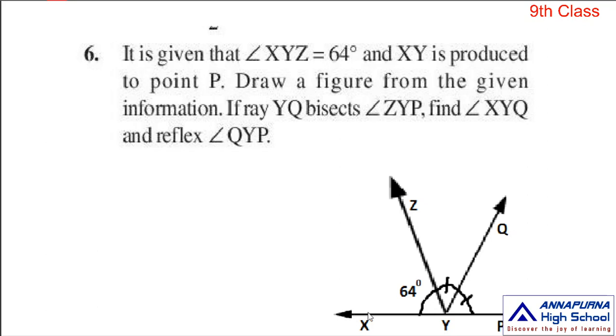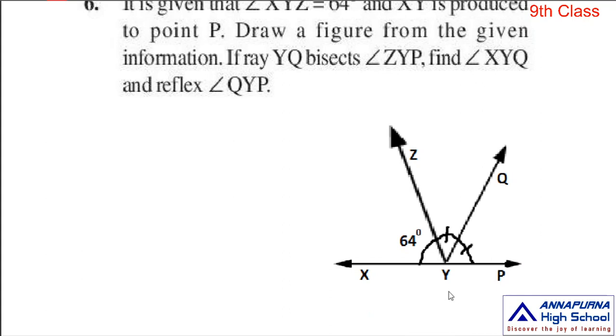Angle XYZ is equal to 64 degrees and XY is produced to a point P. Next, the ray YQ bisects angle ZYP. YQ is the angular bisector of angle ZYP.